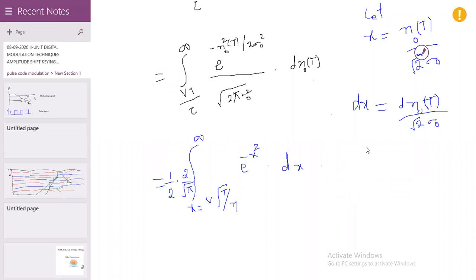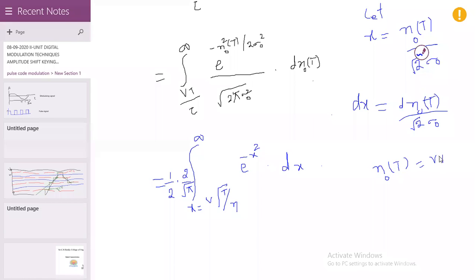Okay, x is equal to n naught of t by root 2 sigma naught, right. So here we can represent. So n naught of t, up to what value does it go? n naught of t is equal to Vt by tau.